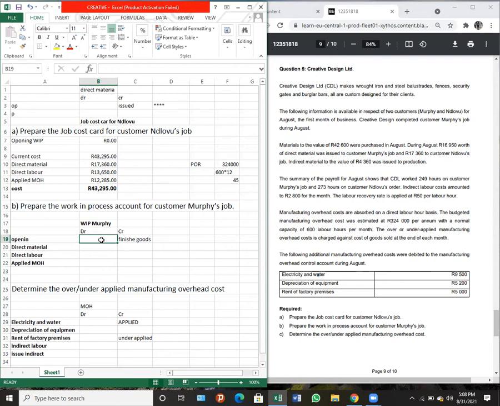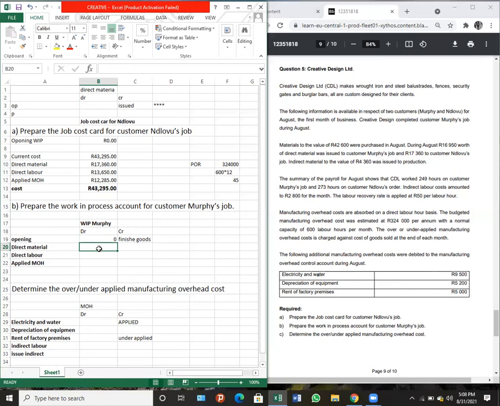How much is the opening balance for work in process, guys, for Mafi? Zero, ne? Yeah. We agree. And then how much direct material for Mafi? This one, guys, I gave to you, you are the one who should do this.